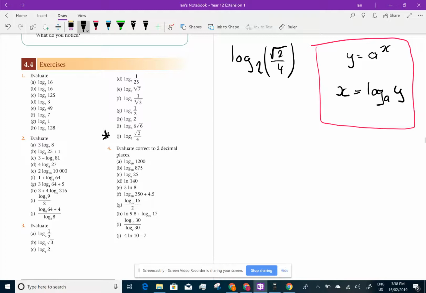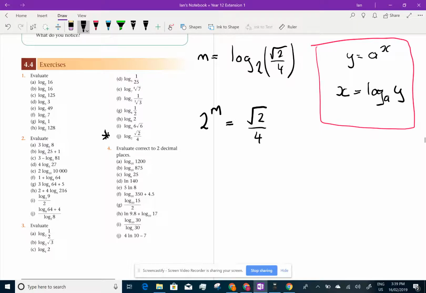So let's have a look at this. Now what I'm going to do is allocate a pronumeral for this, and I was using m in class, so I use m again. I'm just going to say m equals that. So therefore, using that same identity and going backwards, that means 2 to the m equals root 2 on 4.